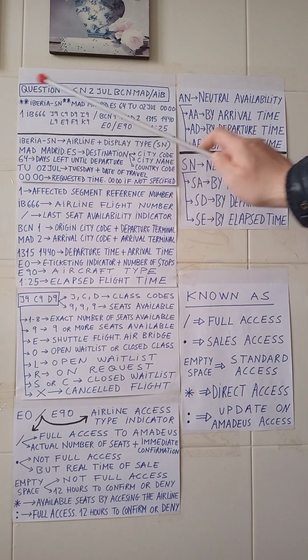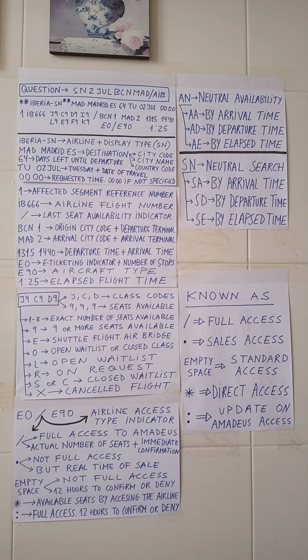64 refers to the number of days remaining until departure, taking as a reference the current day on which we are searching for the information.